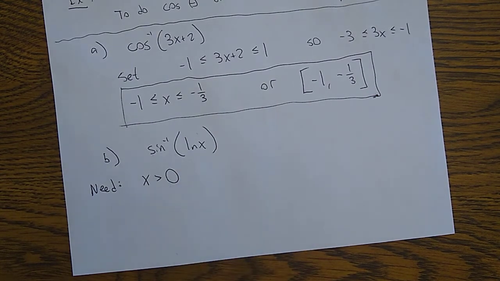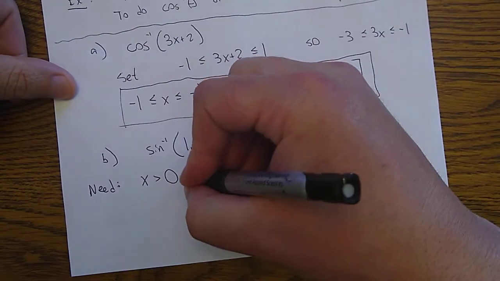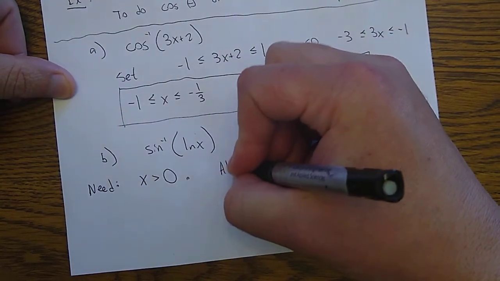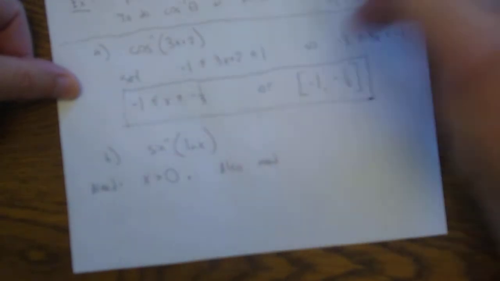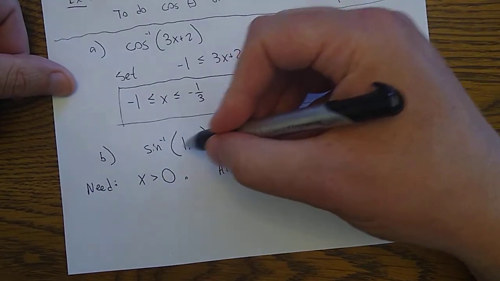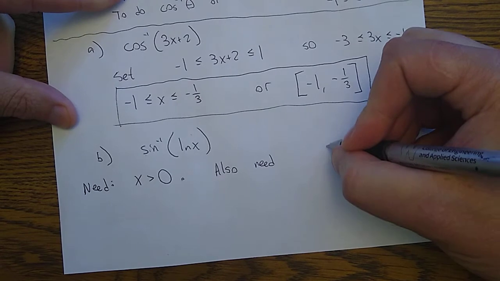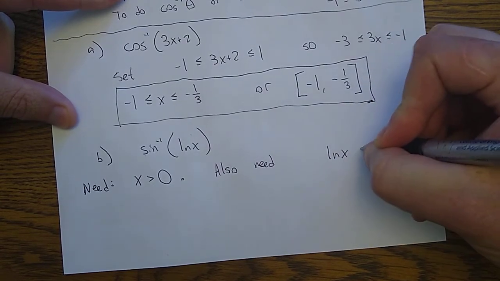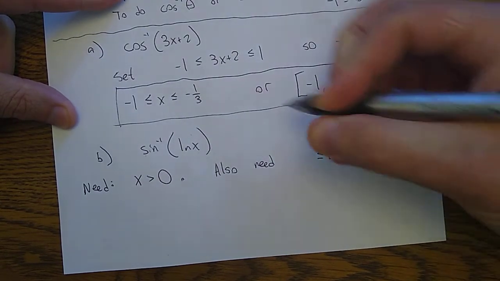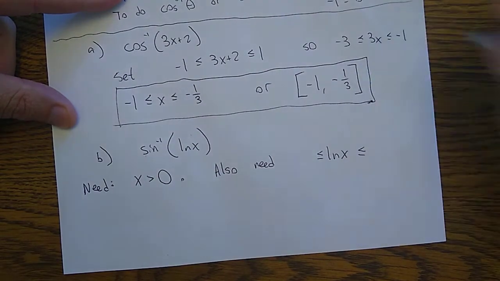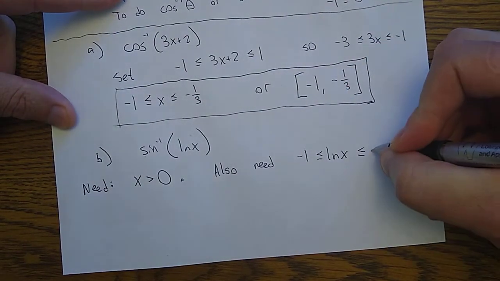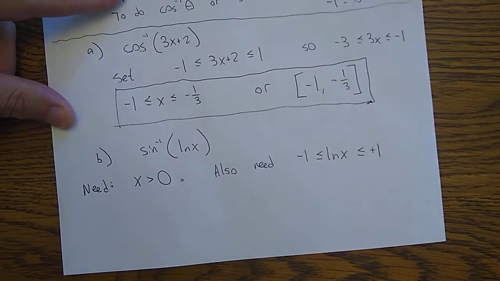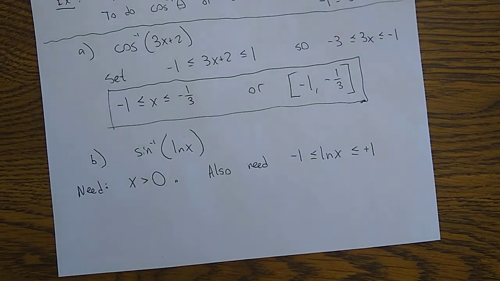It just has to be strictly greater than 0. The next thing I would need is to be able to do the arc sine of whatever I got. So whatever the natural log of x is, it had better be something that I can do the arc sine of. In other words, it had better be between -1 and 1.